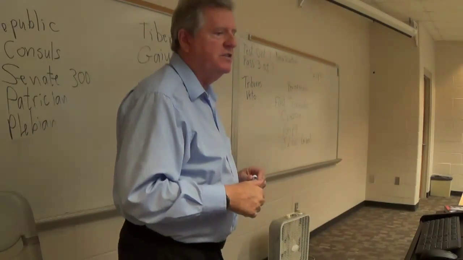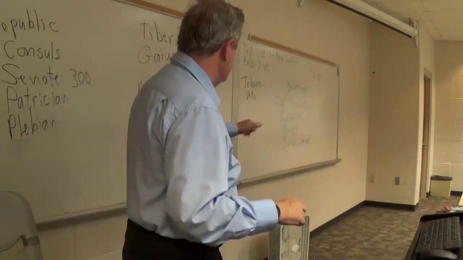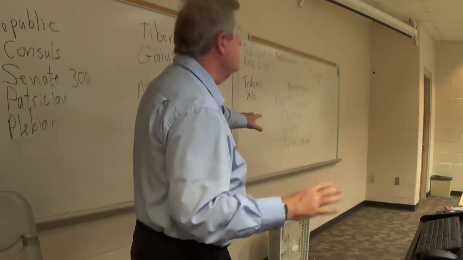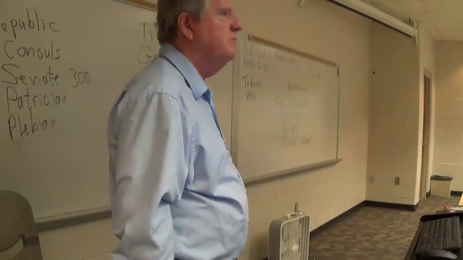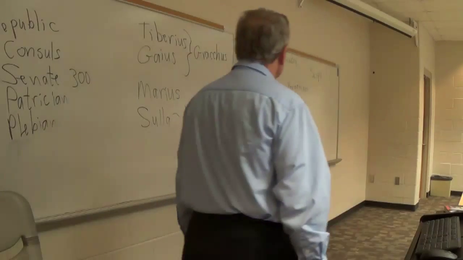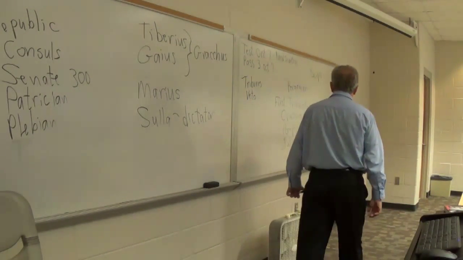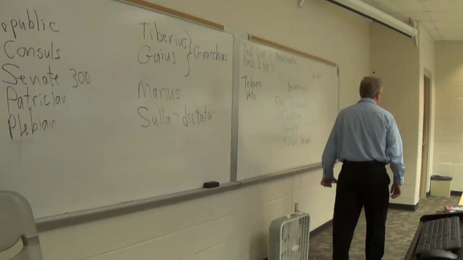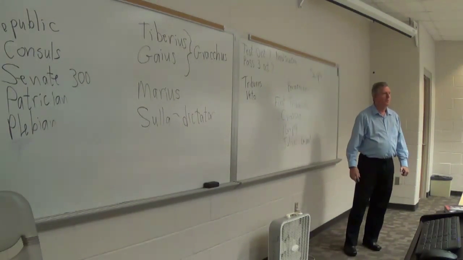The Senate feared Caesar more than they did Pompey. So they told Julius Caesar, lay down your arms and come home and retire as a private citizen. Caesar had a choice, so he thought, if I comply, they'll probably kill me. So he said, in fact, I'm not going to comply. So he began to march toward Rome.